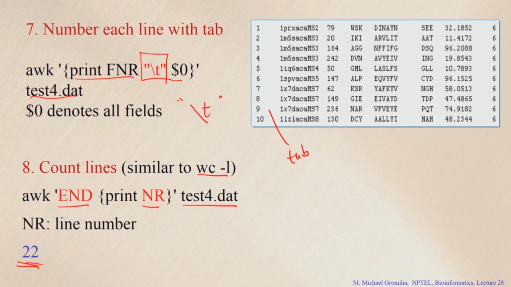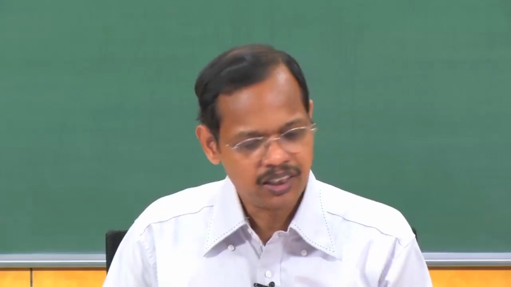So, without looking into the PDB file or DSSP file, you can see how many residues are buried and how many are exposed. Just take the PDB file, run DSSP, then give the command. With the field which contains the value of more than 75, you find the line number, the total number of lines.